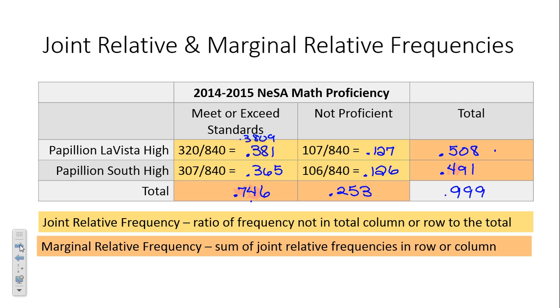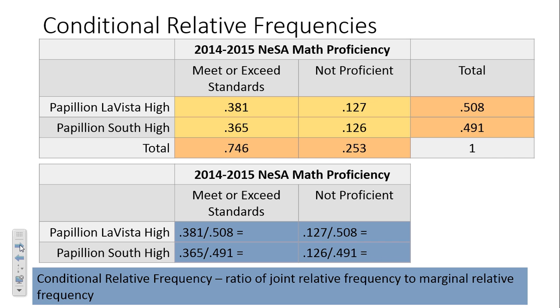Okay? All right. So then this is where I wanted to go with this data, because what I'm really interested in is how our particular students are performing. So when you talk about conditional relative frequencies, we take the data from that previous table and divide those numbers by the totals.